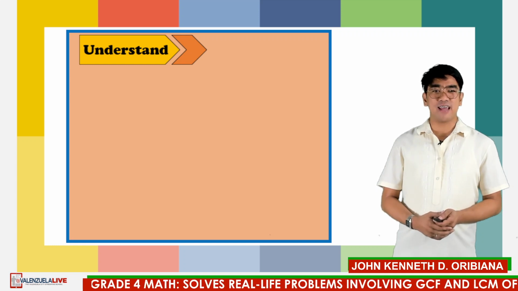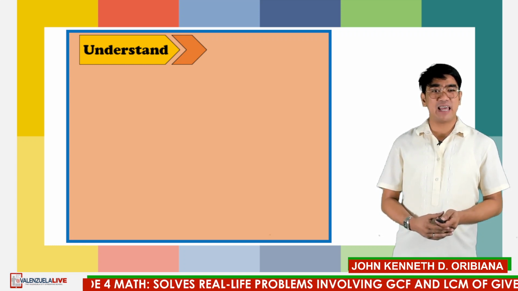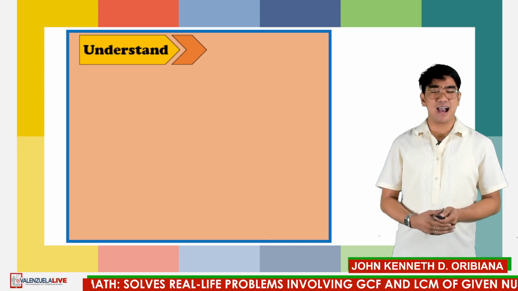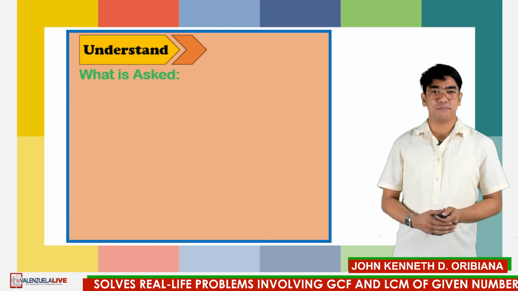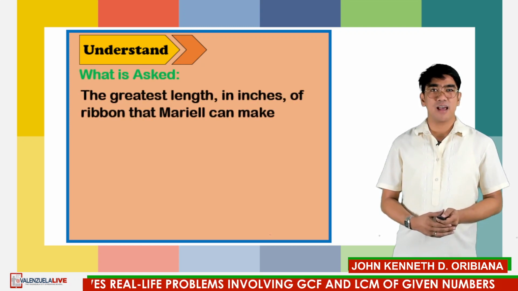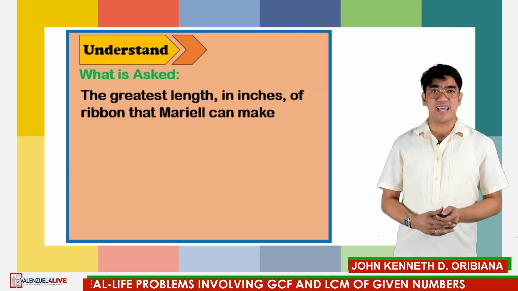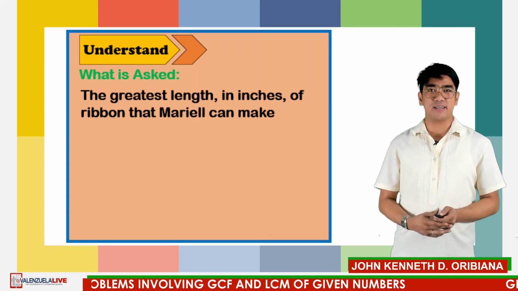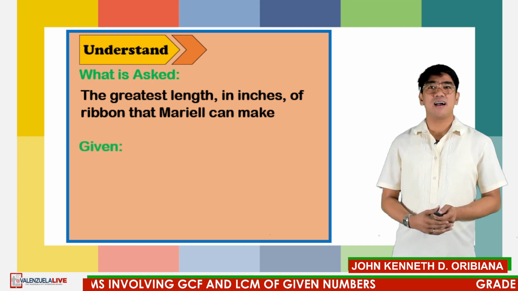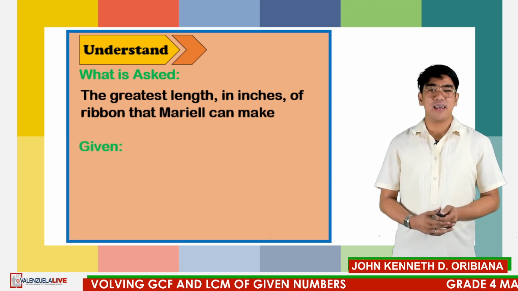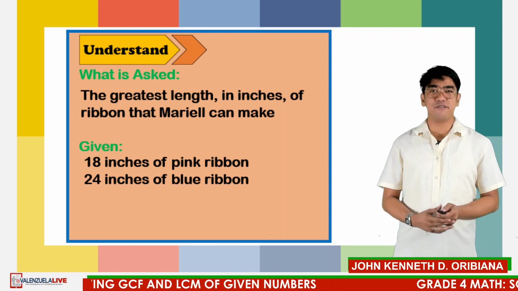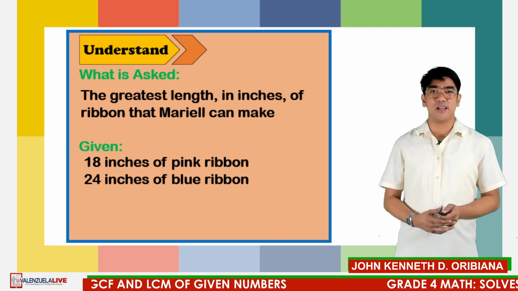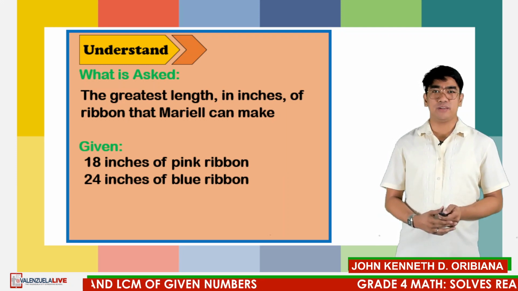First, understand the problem by identifying what is being asked in the problem. And it is the greatest length in inches of the ribbon that Marielle can make. Next are the given: 18 inches of pink ribbon and 24 inches of blue ribbon.